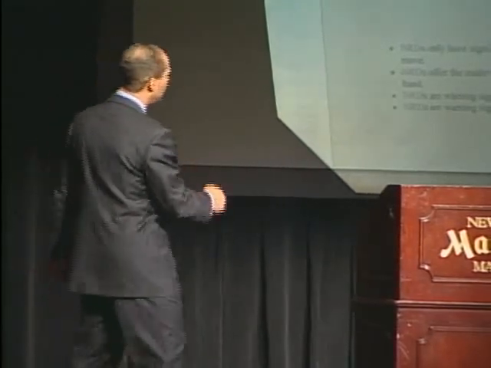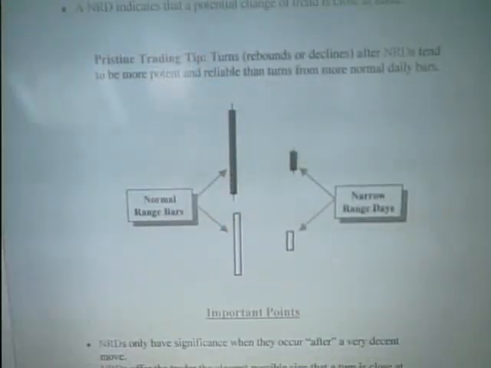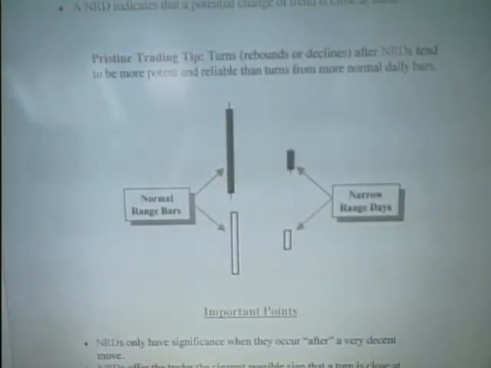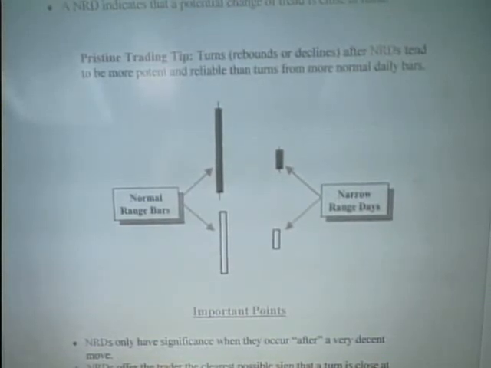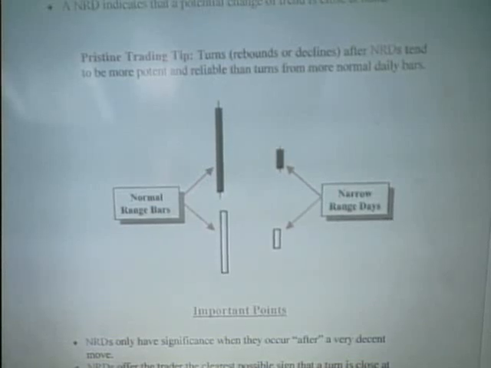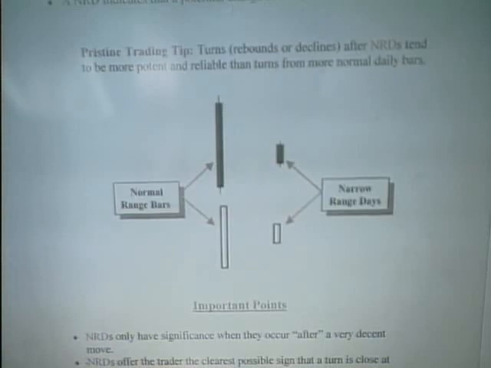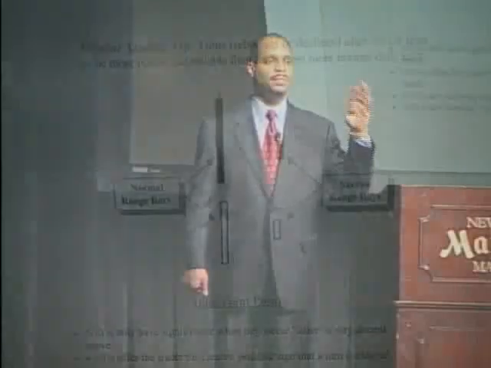Now, narrow range bars are very significant if and when they occur after, that's the key word, after a significant several day move. For instance, a narrow range bar is very significant if I've got 3 to 5 consecutive days to the downside. 3 to 5 days of pain, now a narrow range bar forms. That is significant.